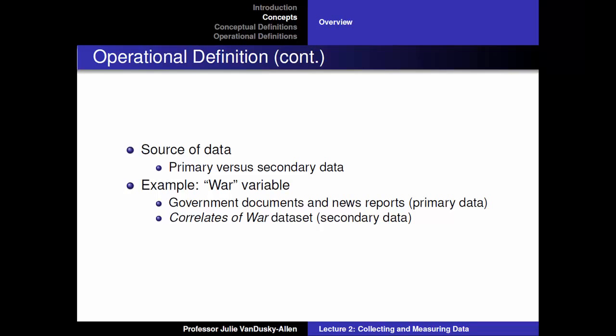Going back to the war example, if we collected data on battle deaths, we would probably use government documents and news reports to measure battle deaths. Our variable would then be considered primary data since we collected it. Of course, we could just use the Correlates of War dataset as a secondary source, as the authors of the Correlates of War dataset already collected the data and coded wars and non-wars for us.